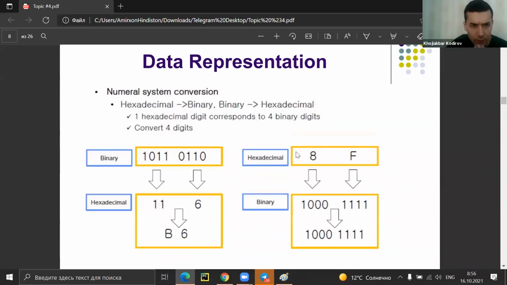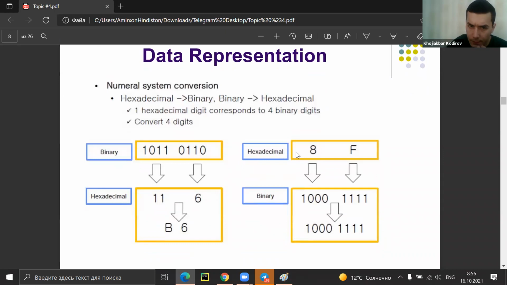Okay, then decimal to binary. You got the point. We will divide into 2 parts if you have more than 4 numbers. Then remember the representation of the 4 numbers in hexadecimal, hexadecimal to binary, binary to hexadecimal.